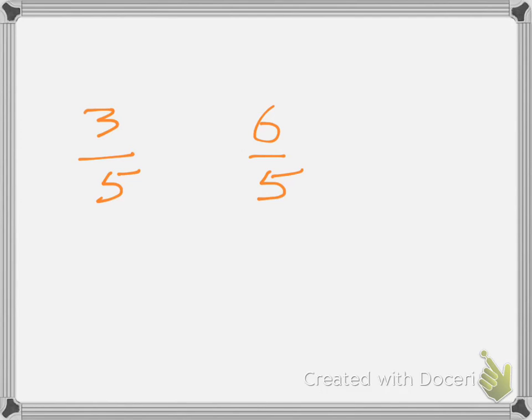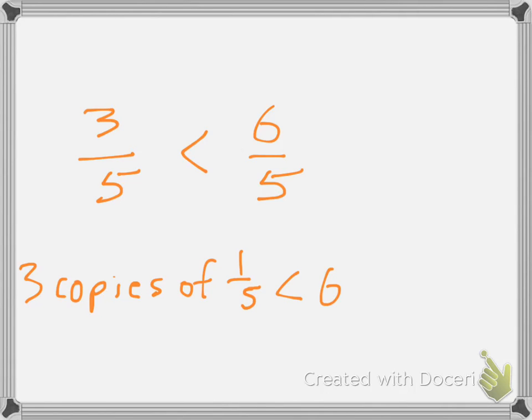Now it should be clear that 6/5 is greater than 3/5 because 3/5 is 3 copies of 1 over 5, and 6/5 is 6 copies of 1 over 5. So you can also picture it on the number line. It would be further along, therefore greater. So if the denominator is the same, all we have to do is look at the numerator to see which fraction is greater.